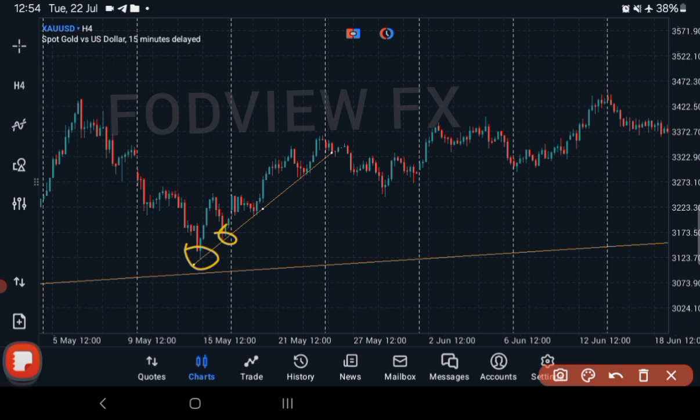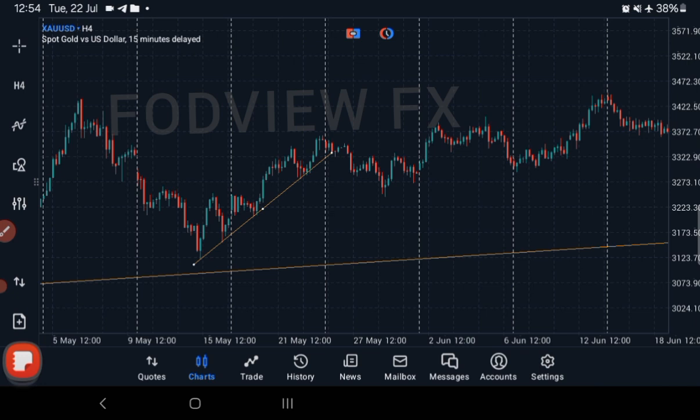The more the better, but this is a good trend line. You can do it in any time frame at all. This is for a bullish trend.